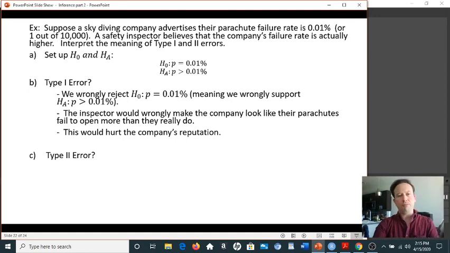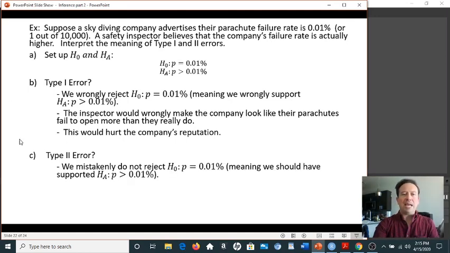Type 2 error. Remember what that is: you mistakenly fail to reject the null hypothesis, meaning that you should have supported the alternative hypothesis. So a type 2 error is that you should have supported HA, but you ended up supporting H0 instead.